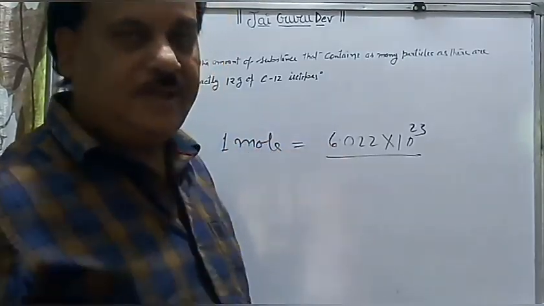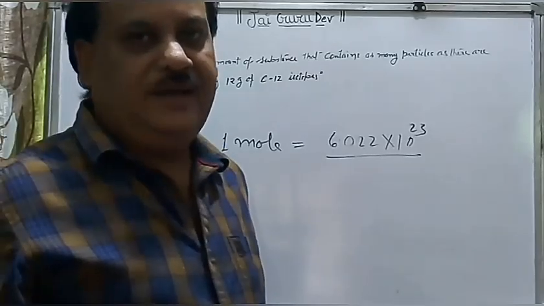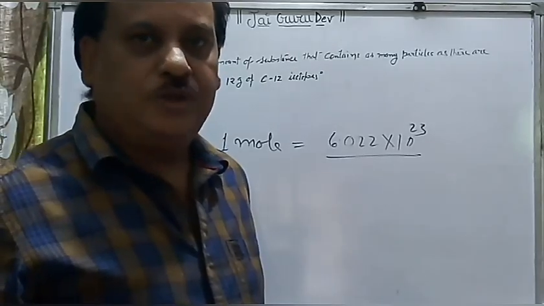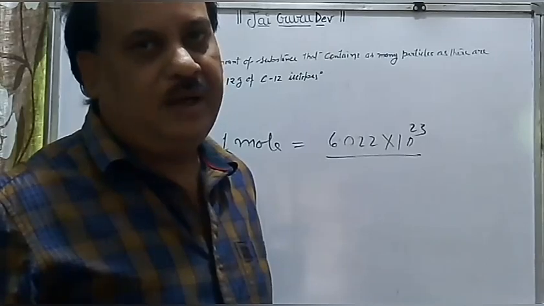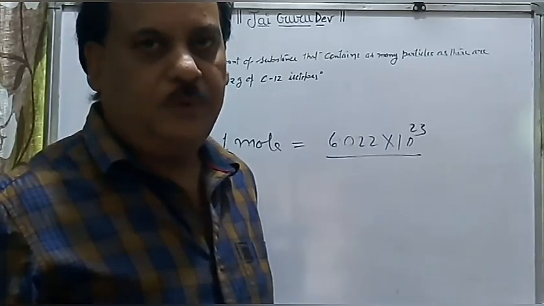Just like one dozen equals 12, one score equals 20, and one gross equals 144 items.